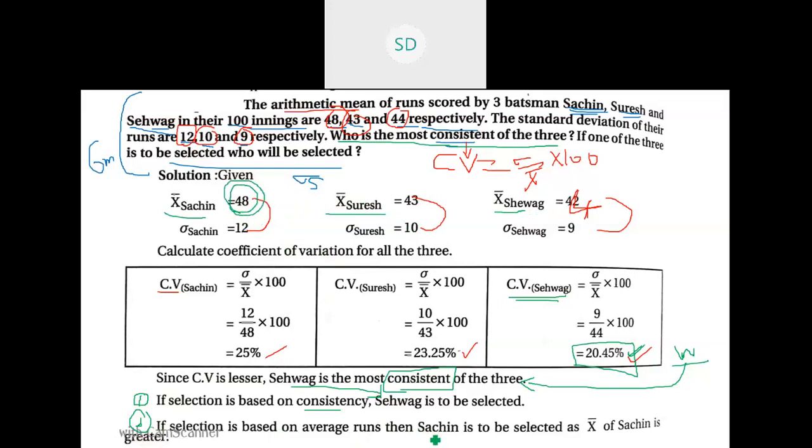So in that case, Sachin is to be selected as x bar of Sachin is greater. I hope everybody is able to understand. So when you take x bar or arithmetic mean as criteria, consider the highest number. If you take CV as the criteria, consider the lowest number for the consistency.